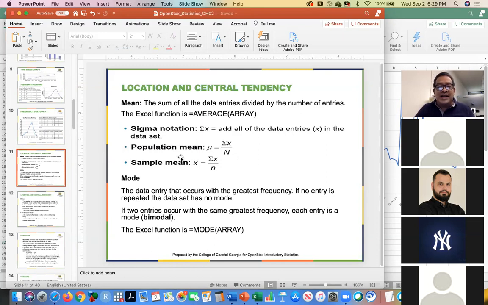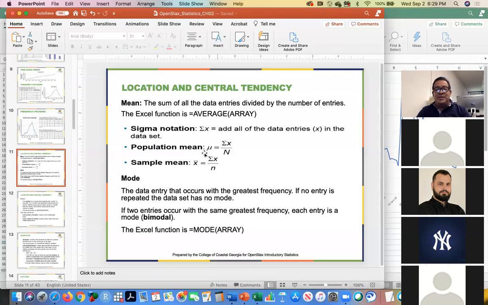But we also can have a sample that, of course, a sample is a proportion, is a segment of this population. So remember, it's not very easy for us to do studies in populations. Most of the work that we can do refers to the sample. So if we have a sample, we can find the sample mean.